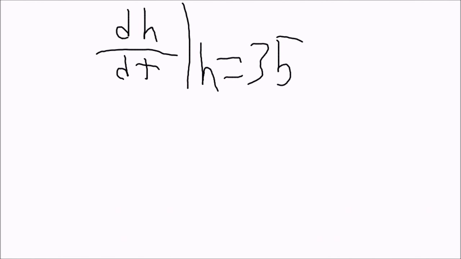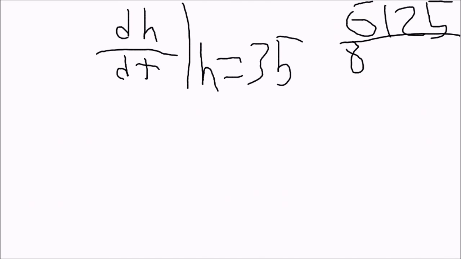Earlier we found our basic equation, which was 6,125 over 81 times height squared. That height is 35 squared.